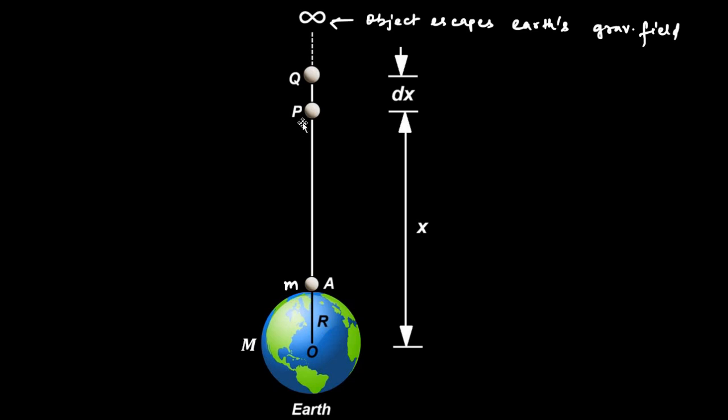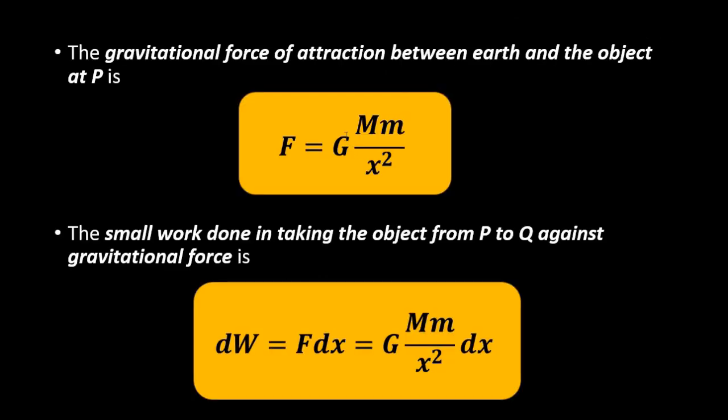So at point P, the gravitational force of attraction between Earth and this object will be given by G, the product of the masses divided by the square of the separation distance, G M m by x squared.